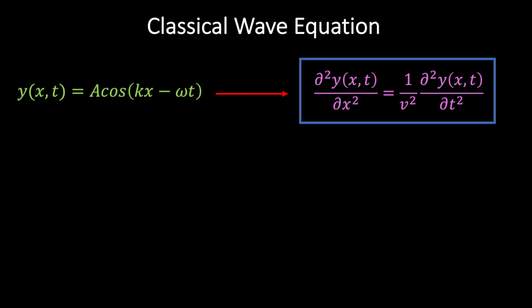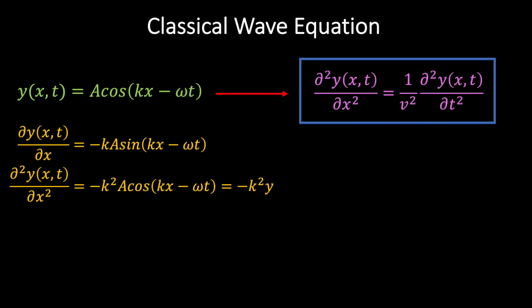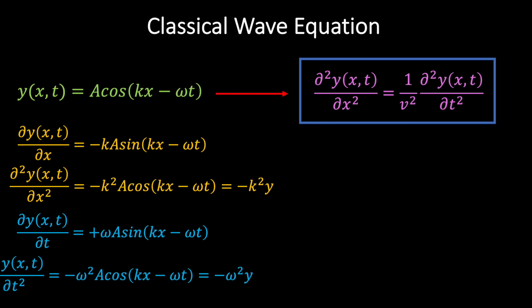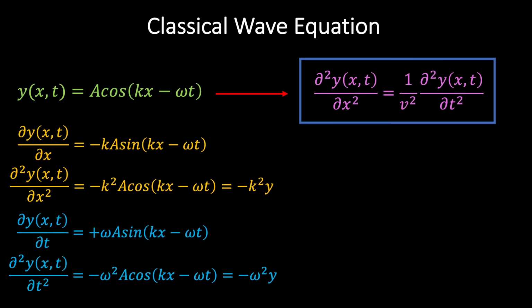We can confirm that the cosine wave function is indeed a solution to this wave equation by substituting it into the equation. If we take the first and second derivative of the wave displacement relation with respect to time and space, we get the following relations. And then if we sub these back into the wave equation, we find the following green expression.